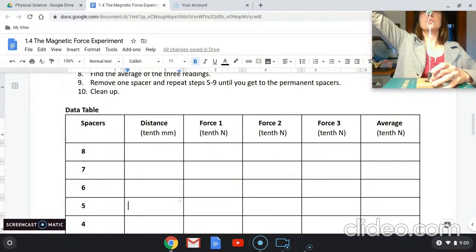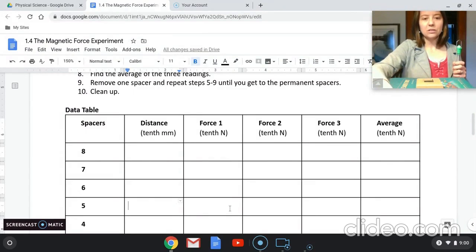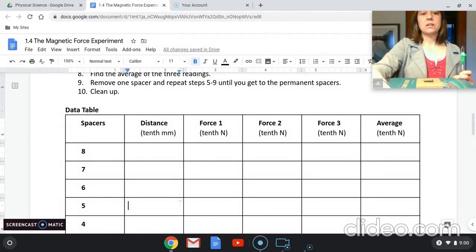And we have 0, 0.5, 1, 1.1, 1.2, 1.2 newtons. And then let's go back here. And we have 5 times 1.1, and then put your answer with millimeters.